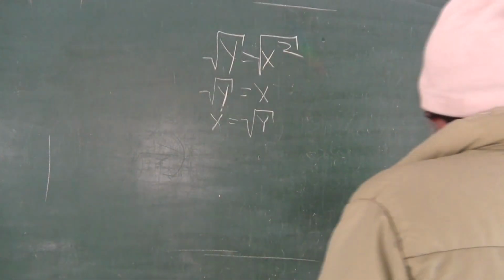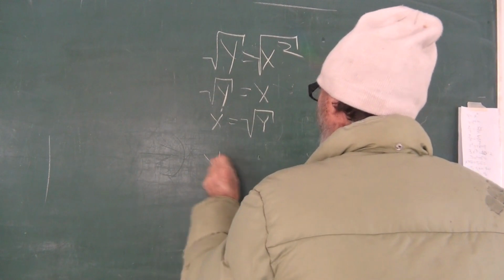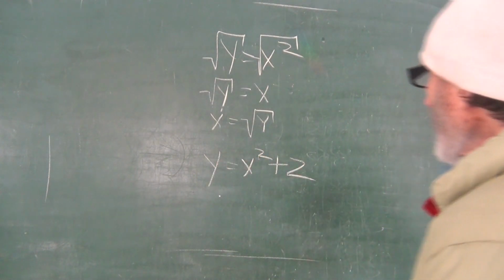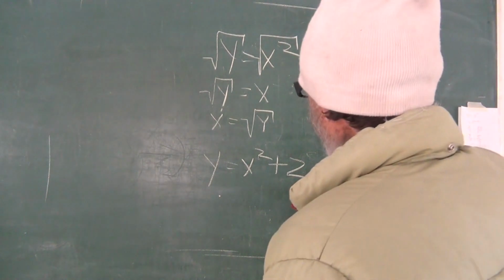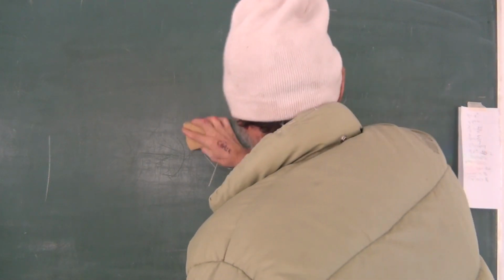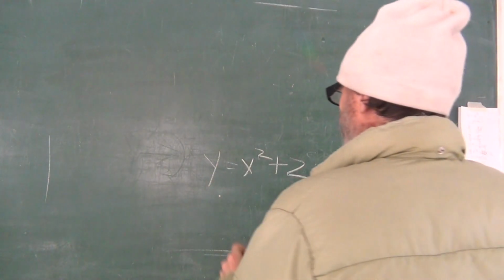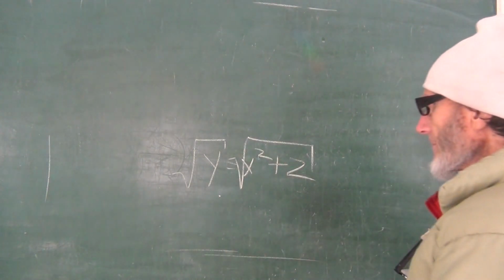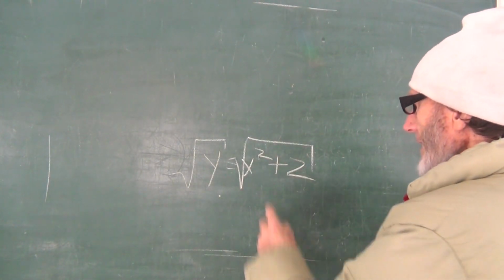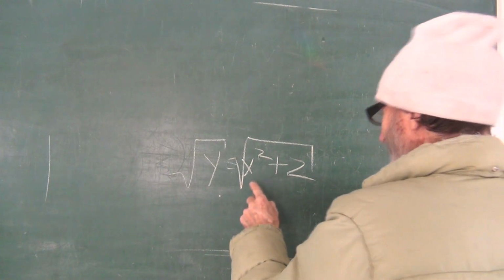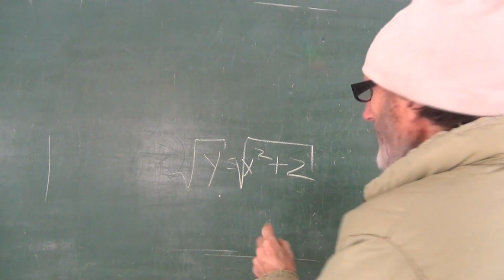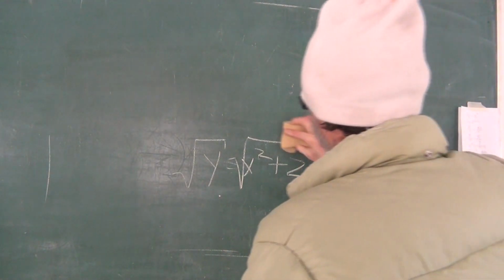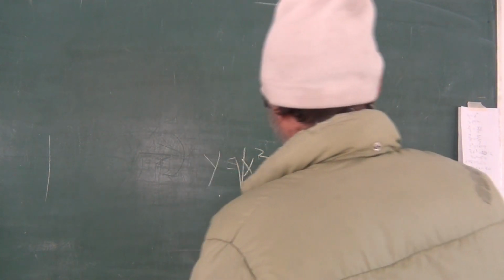Okay, so let's take that one, and then how about y equals x squared plus 2? Well, now we've got a slightly different situation here, because if we just say, let's take the square root of both sides, then unfortunately you can't just do that, because x squared plus 2 is a number. So instead, what you're going to have to do is get rid of that 2.